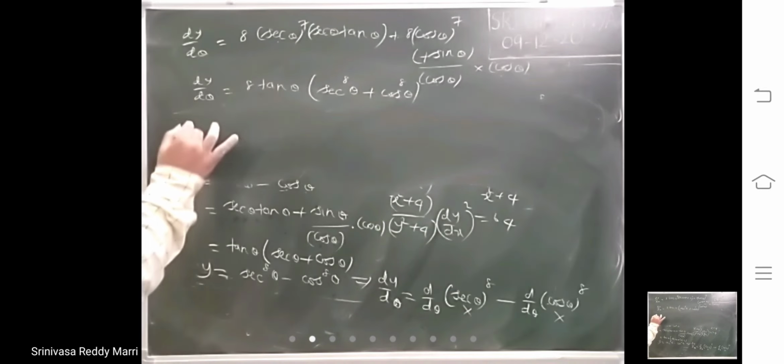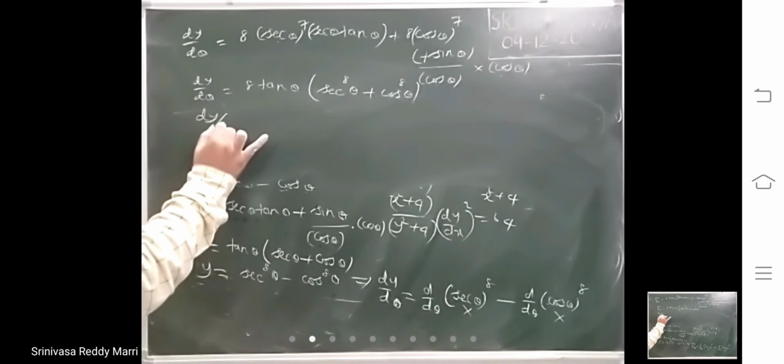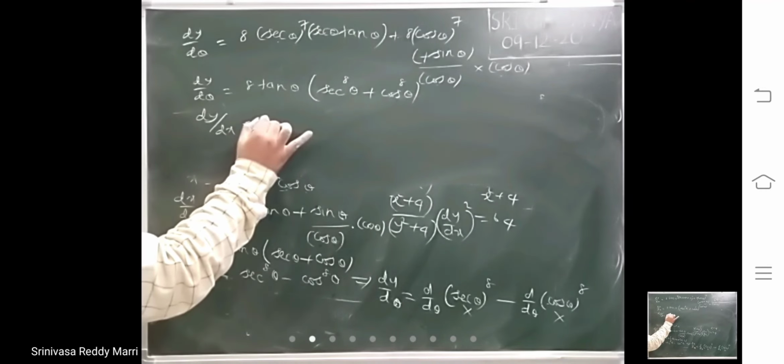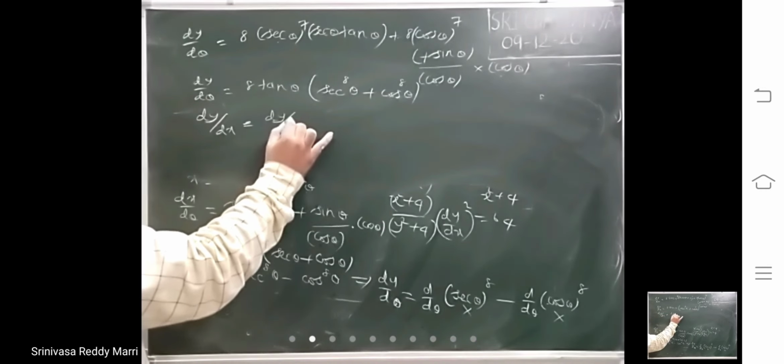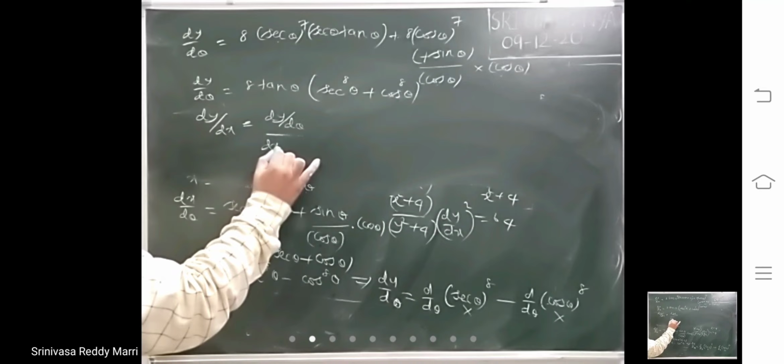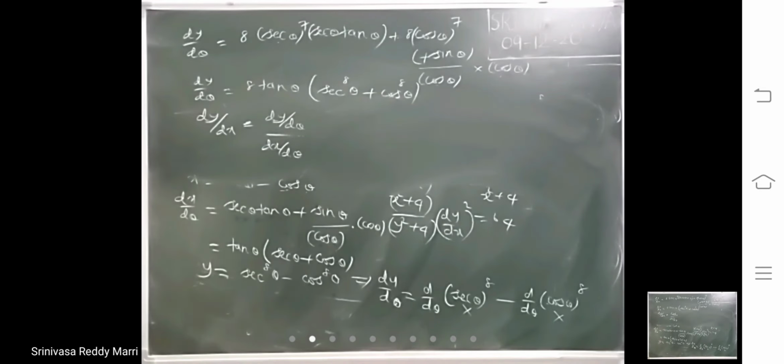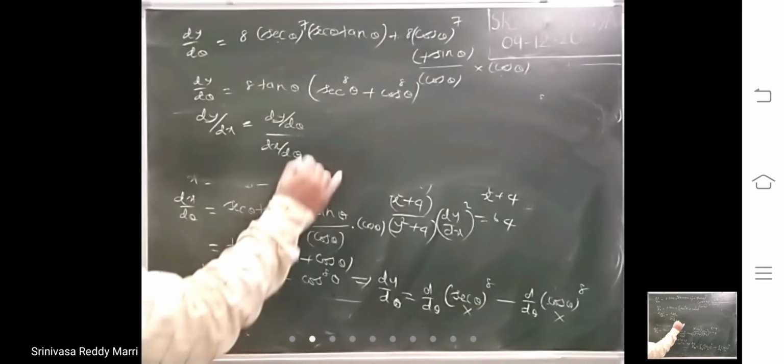So now dy by dx is nothing but dy by d theta divided by dx by d theta.